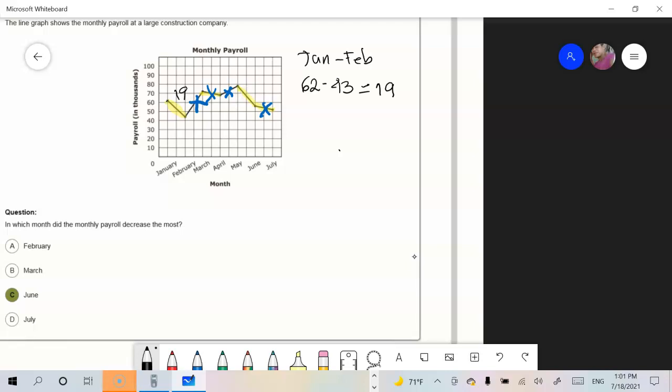Now let's see how much this one here is, between May and June. This point here, if I go to the vertical axis, is about 78, minus this point here, which on the vertical axis is about 55.